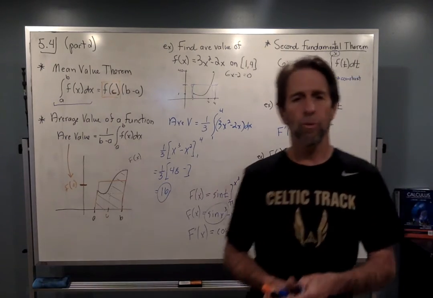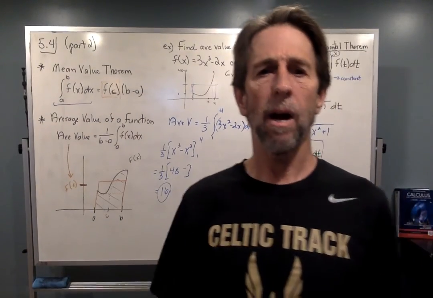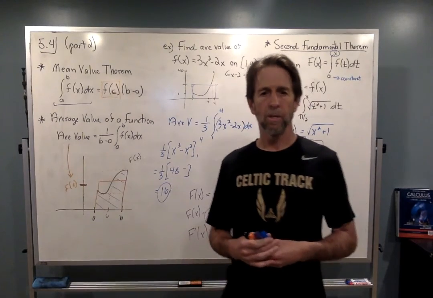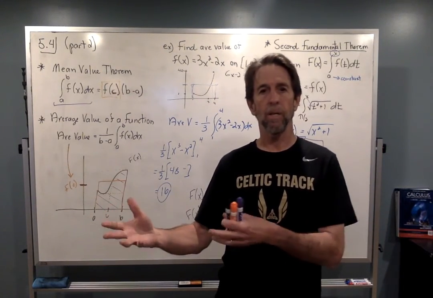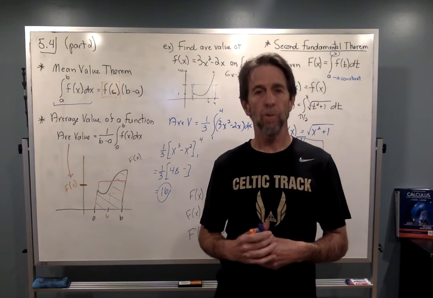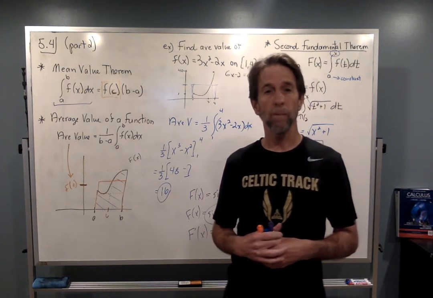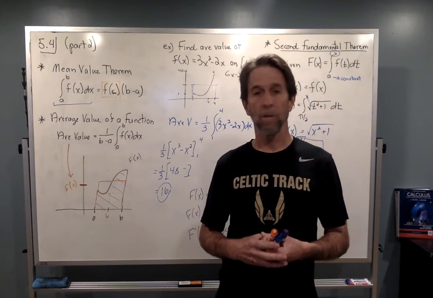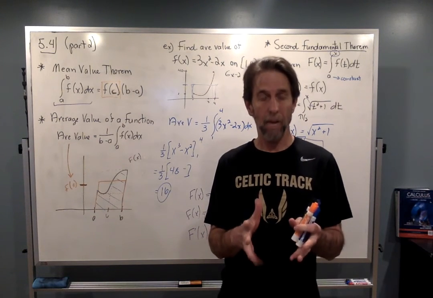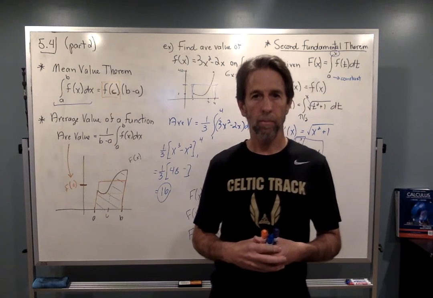So that pretty much wraps up a very quick outline of some of the big topics from section 5.4. The fundamental theorem helps us evaluate these definite integrals. We can use that in what we call accumulation problems. Anytime we want to find an area or we want to sum an infinite number of things together, we need integration.